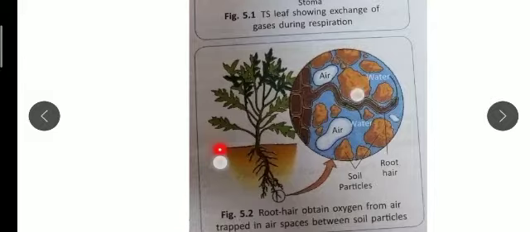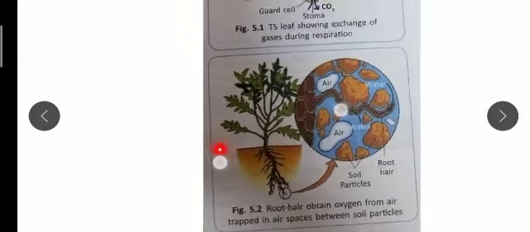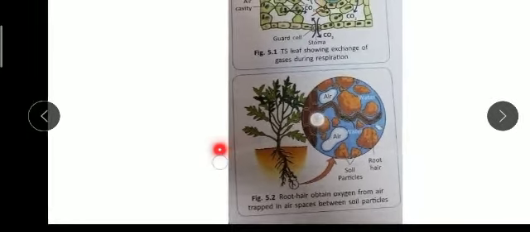You can see the brown soil particles. In these soil particles oxygen gas is trapped, because soil fixes the root, so some air can also go inside through the root hair.